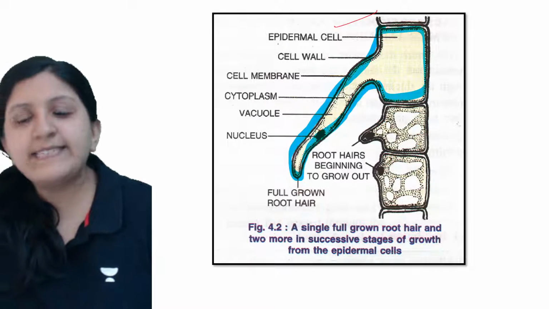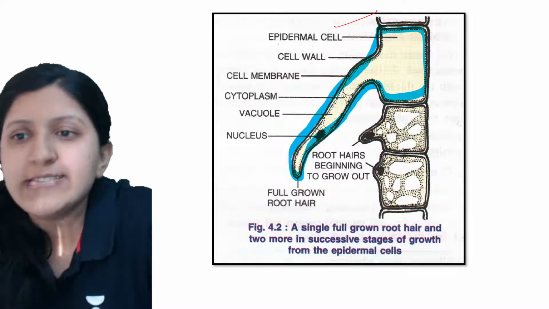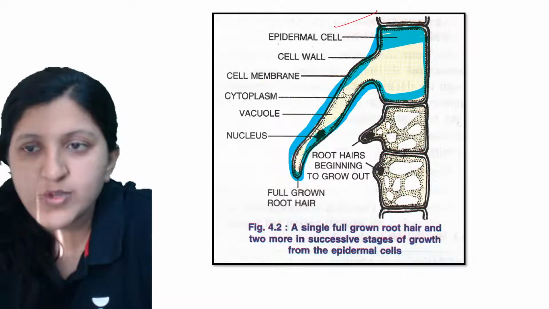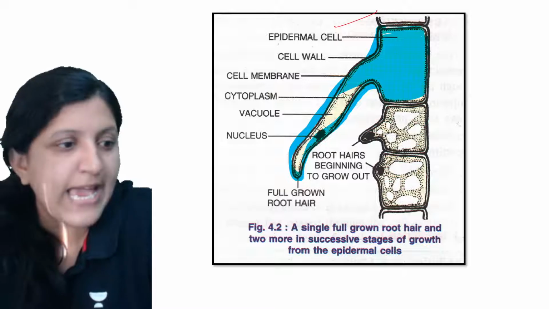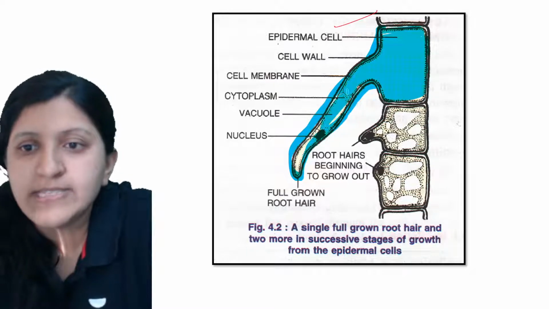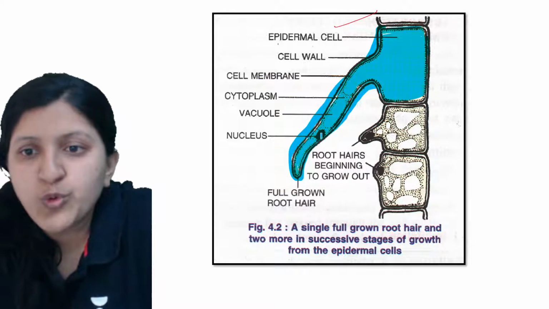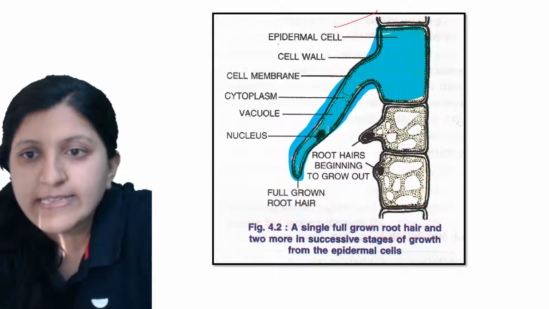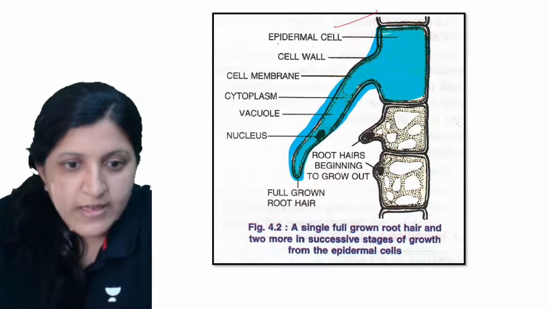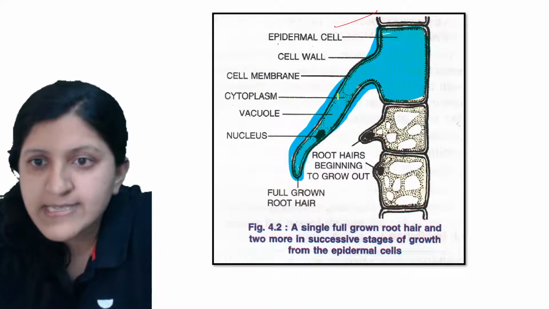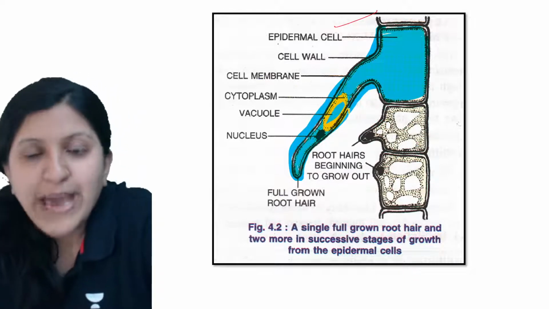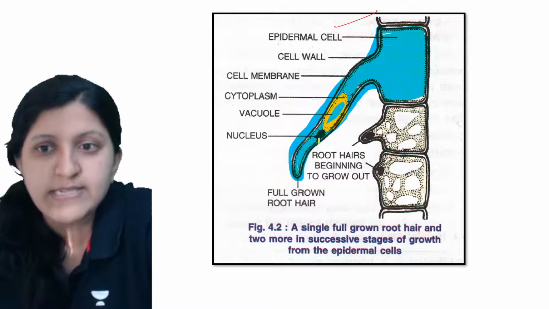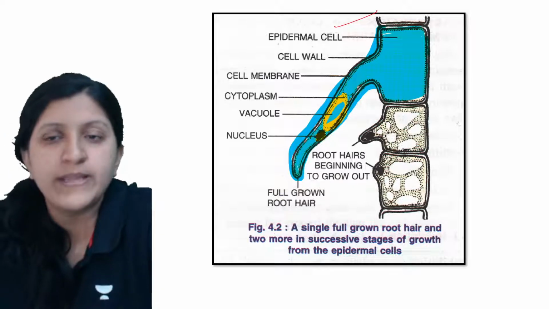This whole thing is cytoplasm, and within the cytoplasm you can even see the nucleus present, and there is a vacuole part. This part, as labeled, is represented as a vacuole. So the vacuole is seen, the cytoplasm is seen, the nucleus is seen over there.